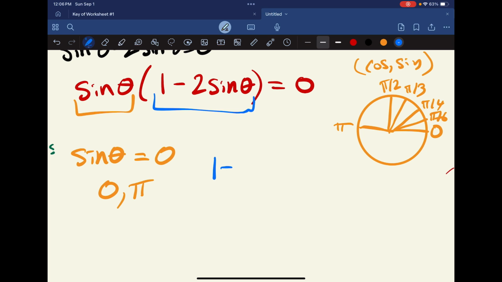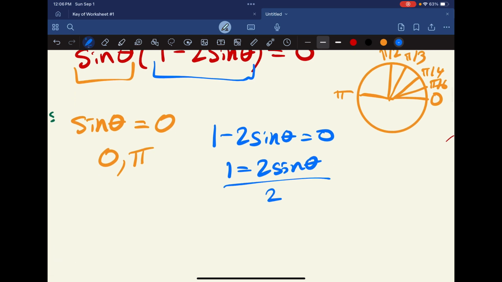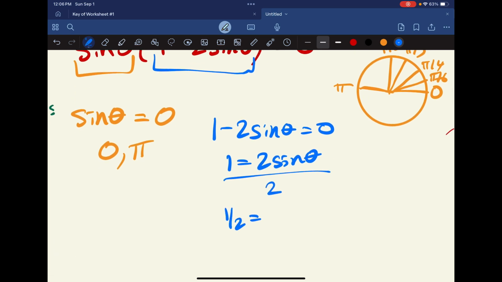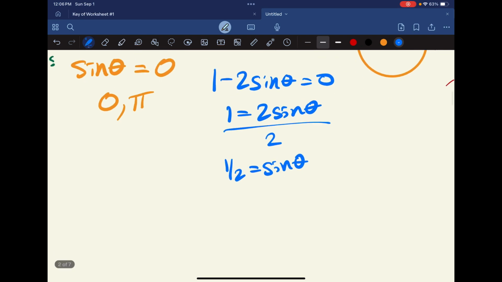As for the blue term, 1 minus 2 sine theta equals 0. So we can add 2 sine theta to both sides, divide by 2, and 1/2 equals sine theta. So theta equals sine inverse of 1/2. You can think of it like you're taking the sine inverse of both sides.